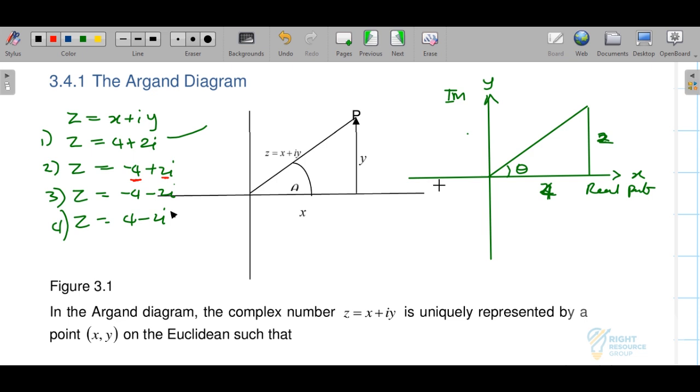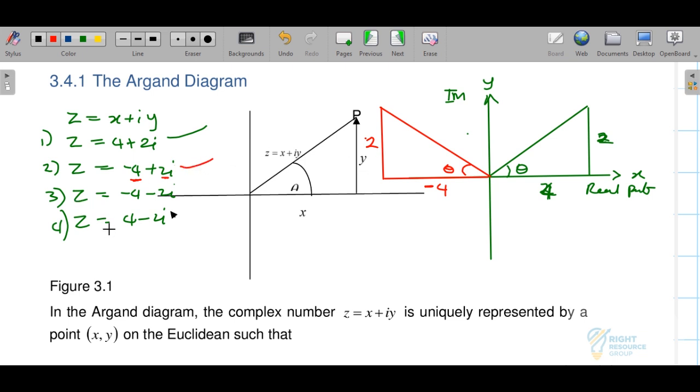You discover that here X is going to be negative, so this is going to be minus 4. Then we have 2i, so we have it this way. This is our value of theta, and this is our value of Y, which is 2.